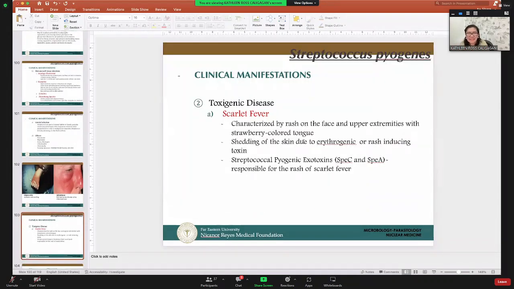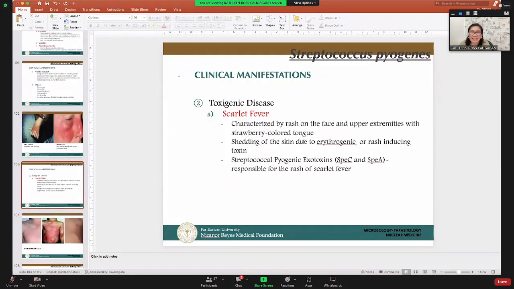Cellulitis, erysipelas. Under toxigenic disease, you have scarlet fever, characterized by rash on the face and upper extremity with a strawberry-colored tongue and shedding of the skin, due to the erythrogenic or rash-inducing toxin, the streptococcal pyogenic exotoxin, responsible for the rash of scarlet fever.